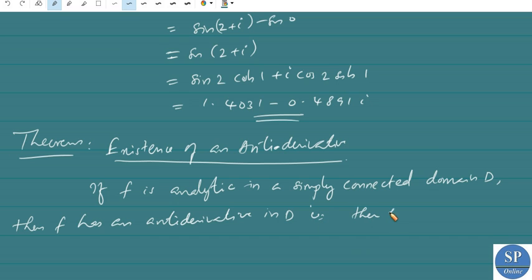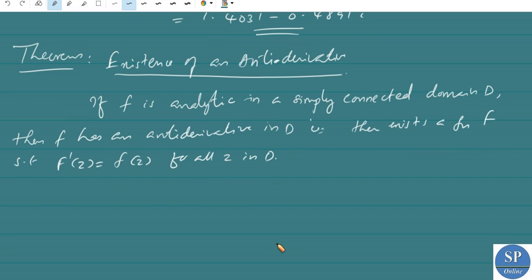there exists a function capital F such that F dash of z is equal to f of z for all z in D. So that is the existence of the antiderivative.